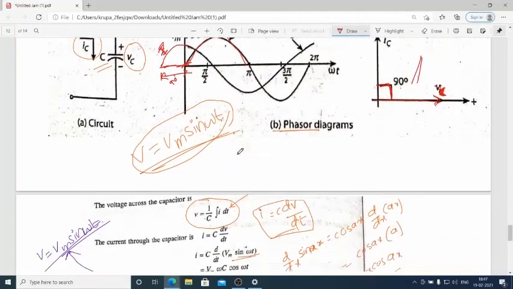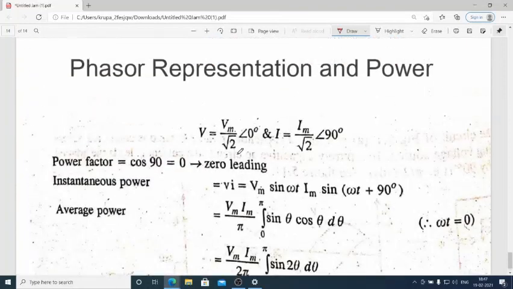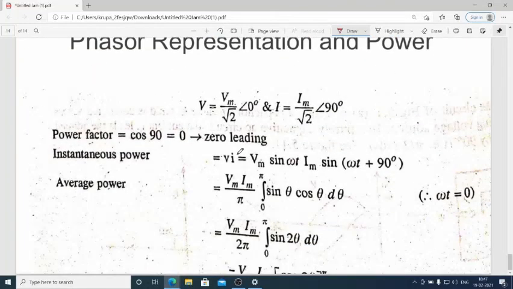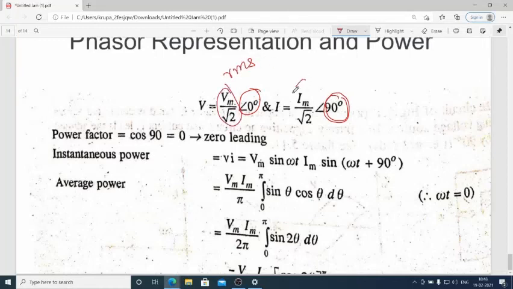In the phasor representation, voltage starts from 0 degrees, but the current starts 90 degrees before it. This is the RMS value of the current. So what will be the power factor of the capacitive load? It is 90 degrees, so the power factor is zero, leading in nature.